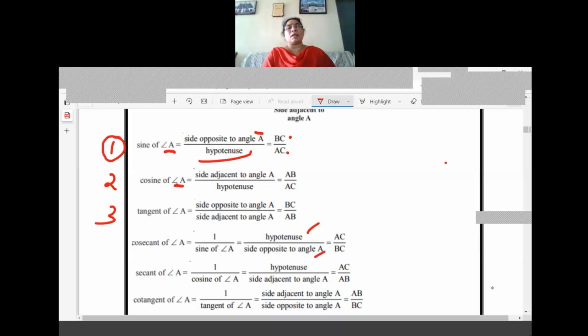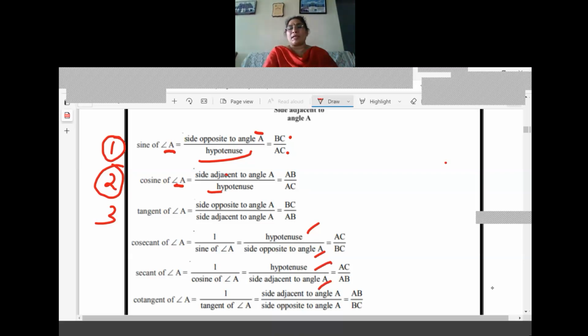So what is the name here? Cosecant of angle A. Now what is the next name? Secant of angle A. This is the reciprocal of number 2, which is cosine. Here we already have adjacent side divided by hypotenuse, so when the reciprocal is taken, hypotenuse divided by adjacent side.